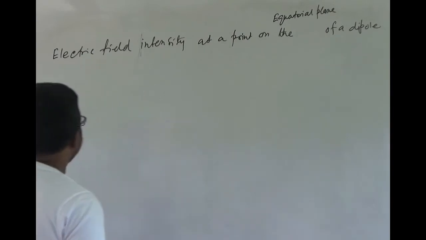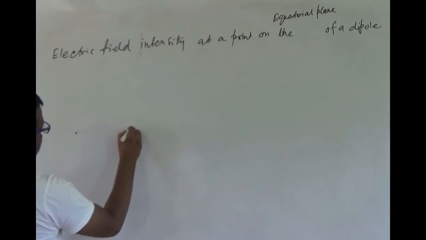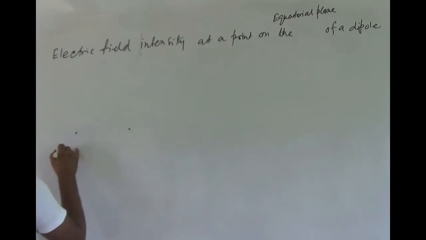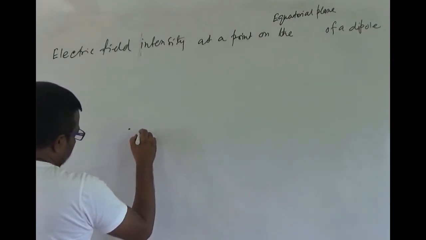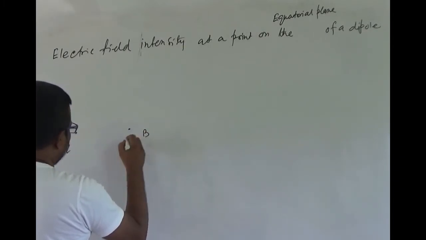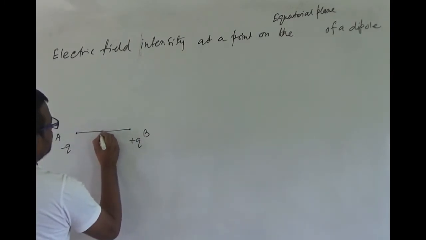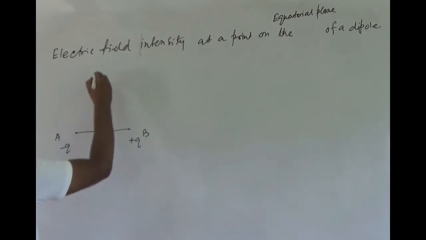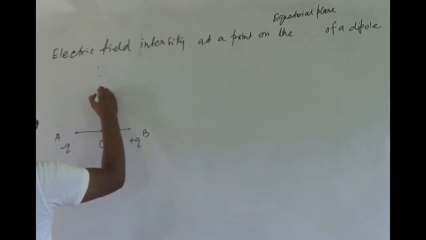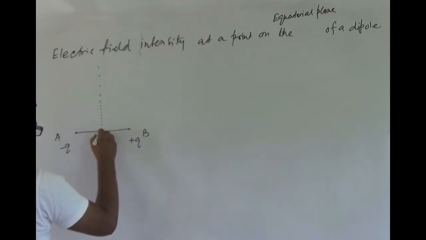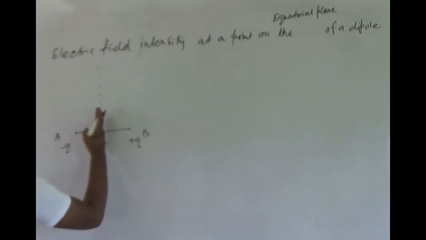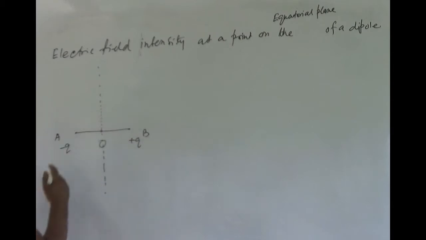Let us say this is the dipole. Minus q point charge at point A and plus q charge at point B. This is the axis, this is the center, and this is the equatorial plane passing through the center of the dipole and perpendicular to the axis.